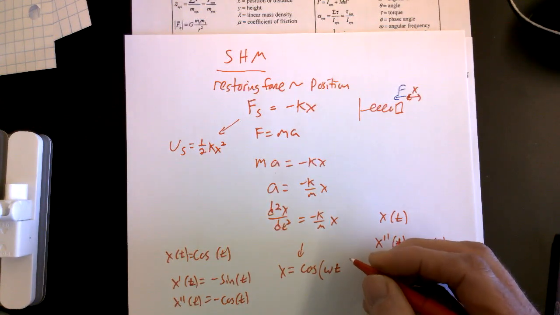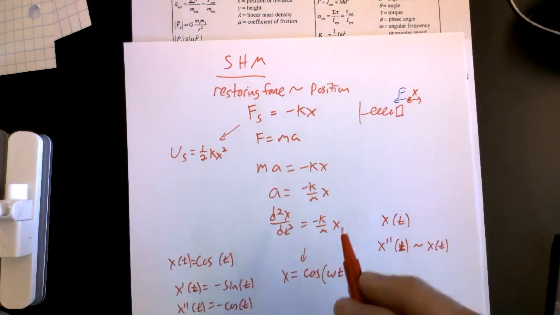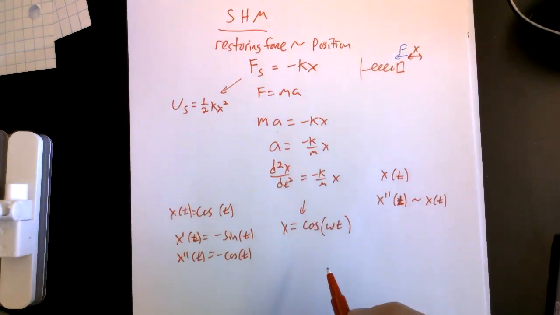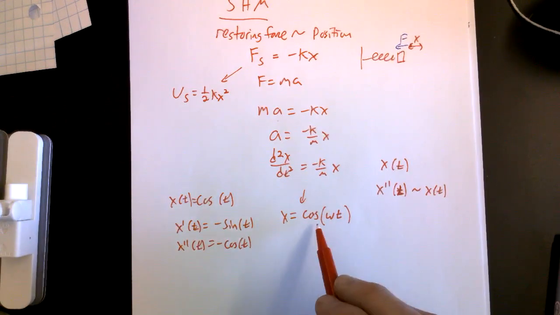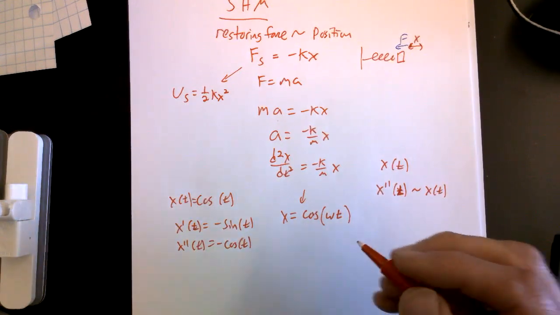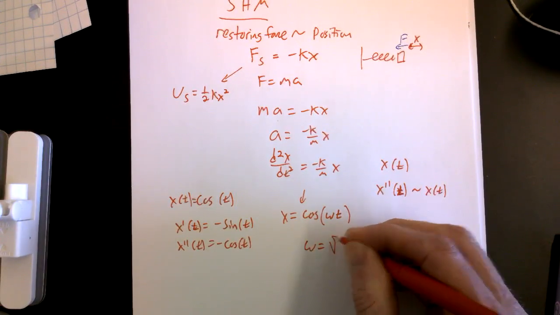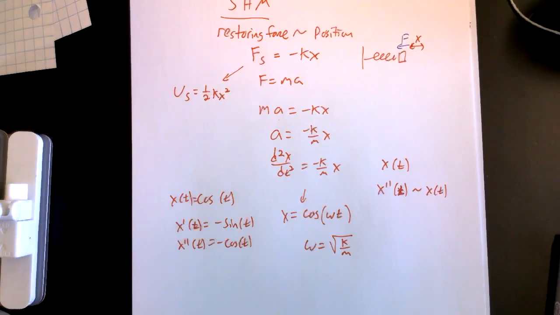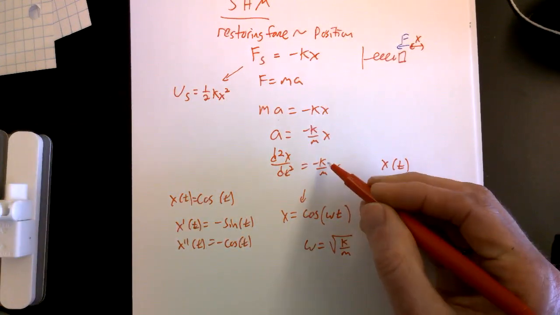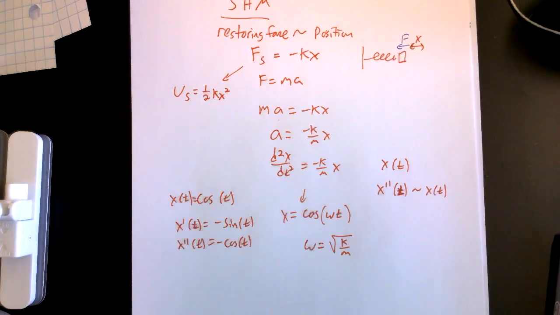I'm not going to add in the phase shift. So here's how this solution to this differential equation works. And this omega inside of here is kind of interesting. If you do the calculus out in the derivatives, omega turns out to be the square root of k over m. So if you do the second derivative of this, then this will pop out of here and it'll work out.